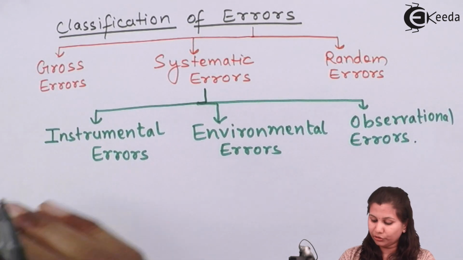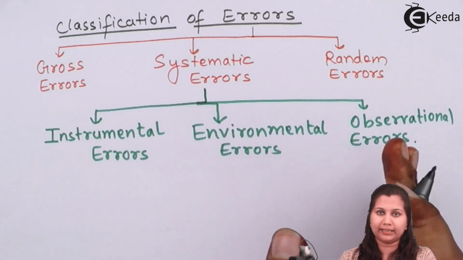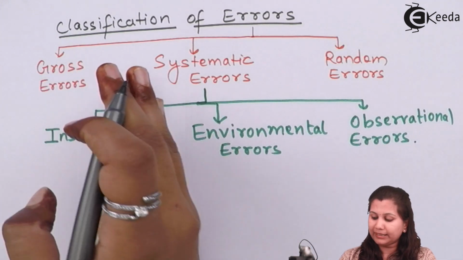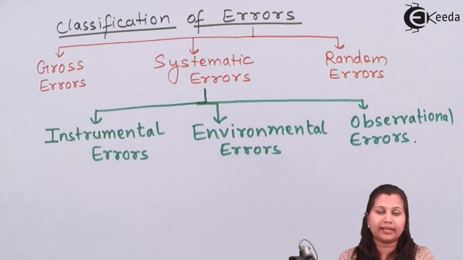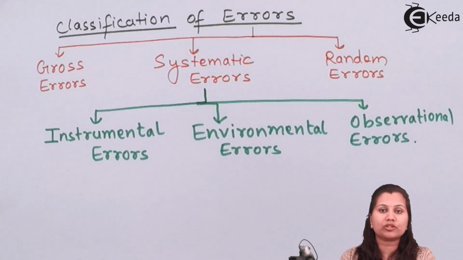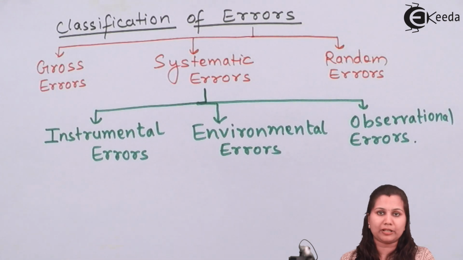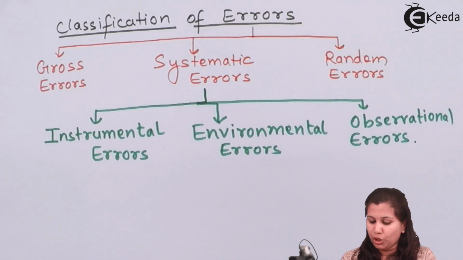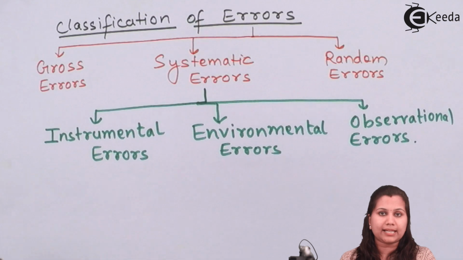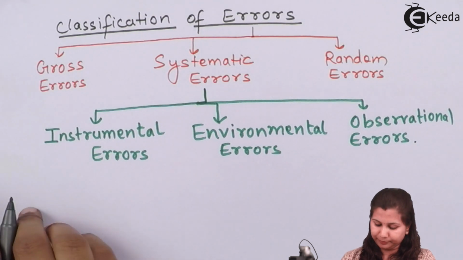So these are the three classes of the systematic errors. The systematic errors and the random errors are collectively called the measurement errors in the case of the measurements which we are doing. So let us study these types of errors in detail.